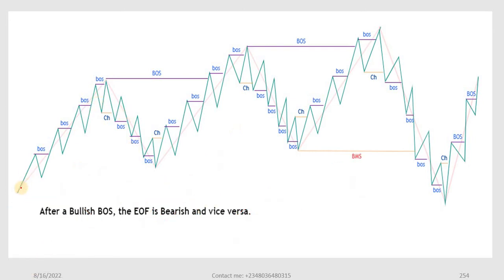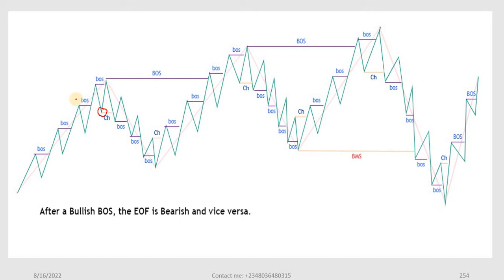And if we come here, we have this trend: higher high, higher low, higher high, higher low, higher high, higher low, higher high. So far, the most recent higher low is this. And when that low is broken, we have a change of character.